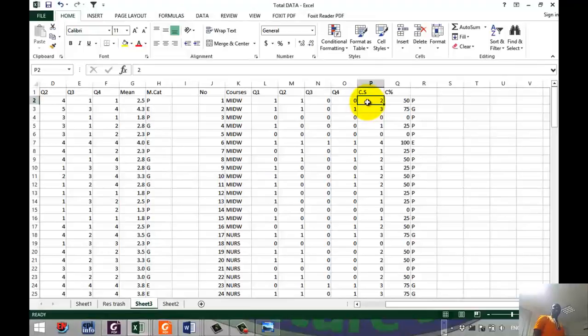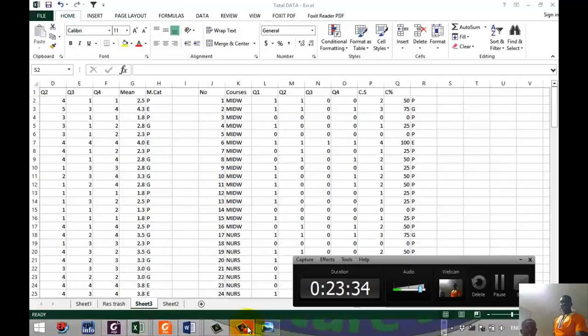So do the same thing with the if function here. Am I on camera? You're on camera. Make sure the camera is okay. It's flowing, so continue.